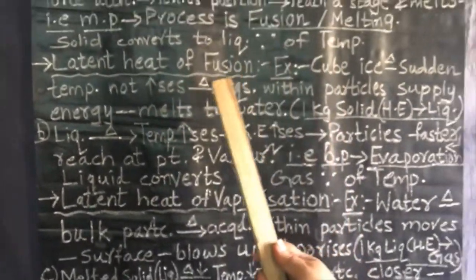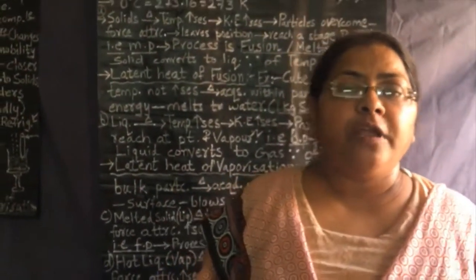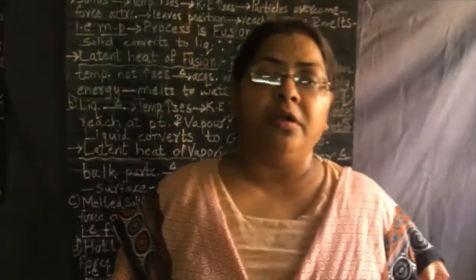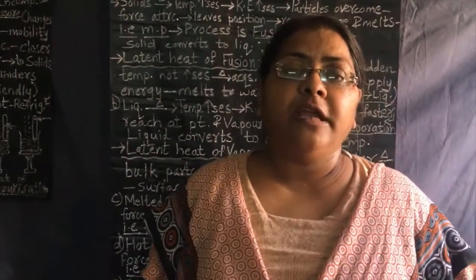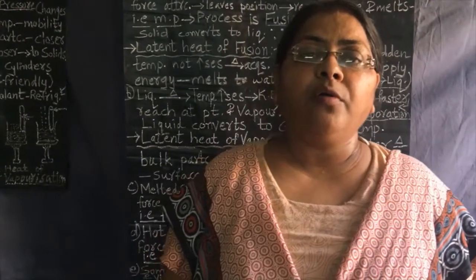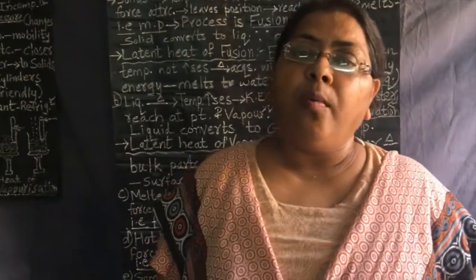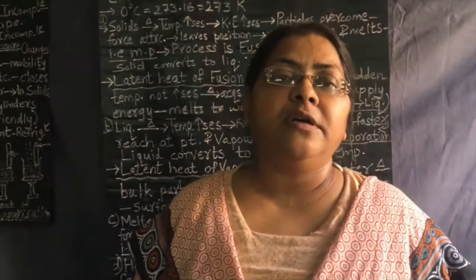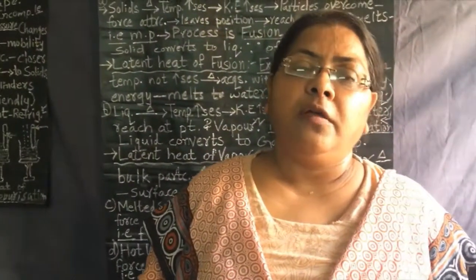As a standard, the amount of heat energy required to convert 1 kilogram of solid into liquid is termed as latent heat of fusion, and the amount of heat energy required for 1 kilogram of liquid to convert into the gaseous form is termed as latent heat of vaporization.